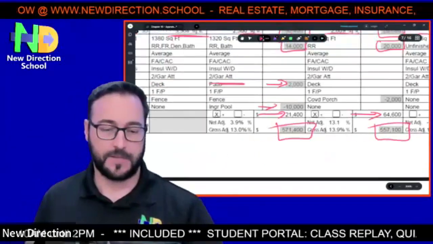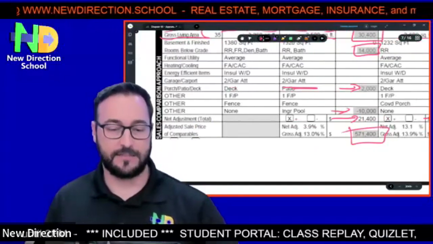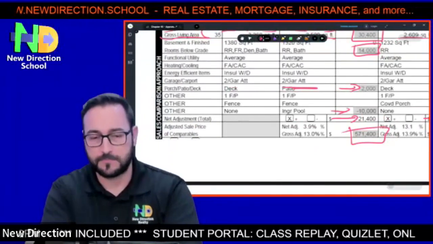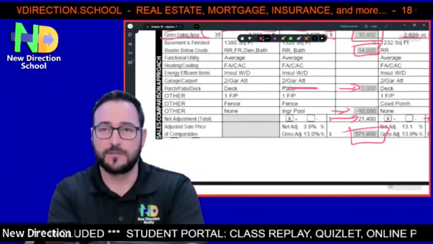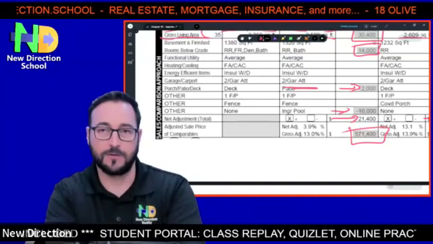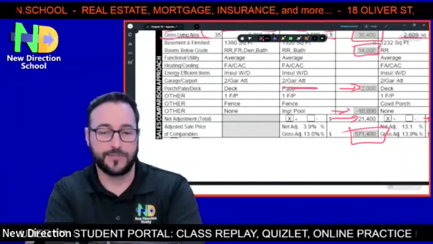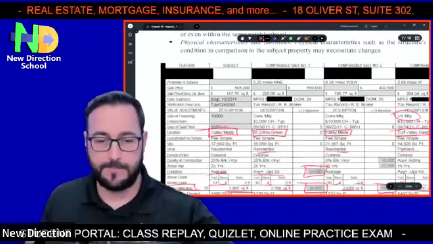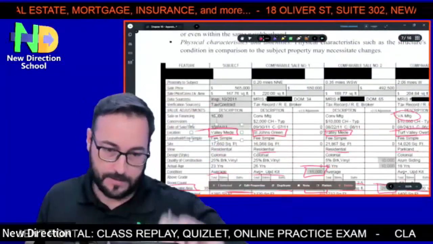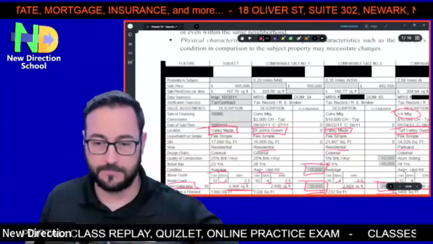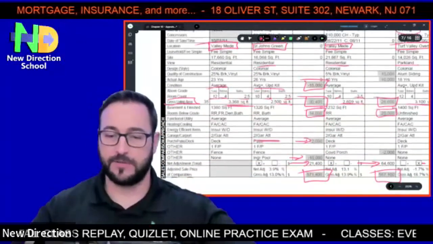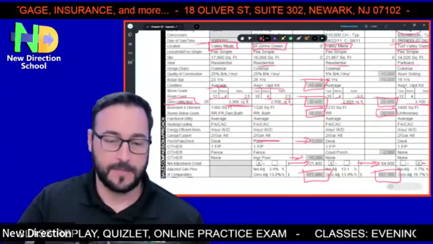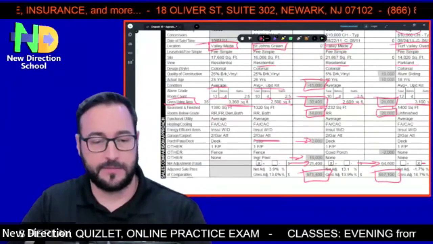Okay, so we're not going to find properties that are exactly like ours. So yes, we need to make these adjustments. All right. Any questions here? All these characteristics come into consideration. It talks even about the type of construction.